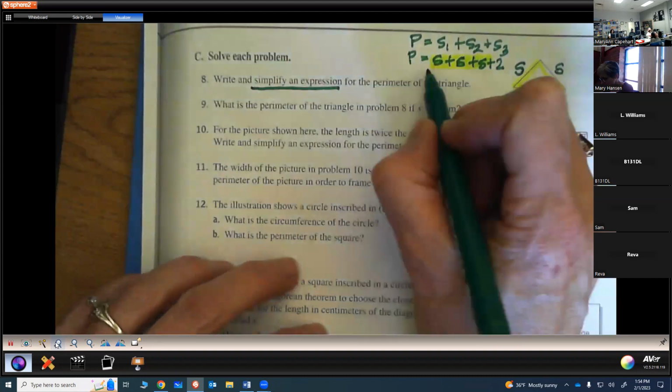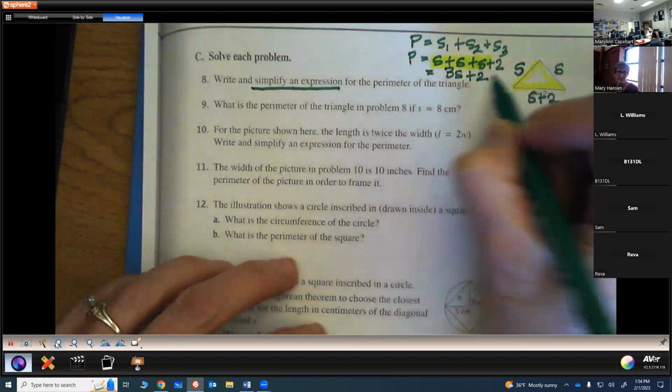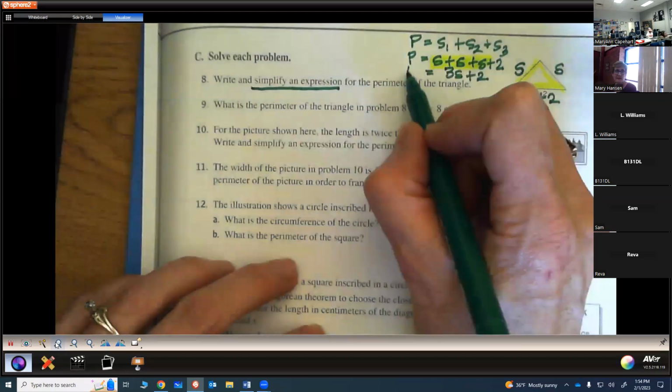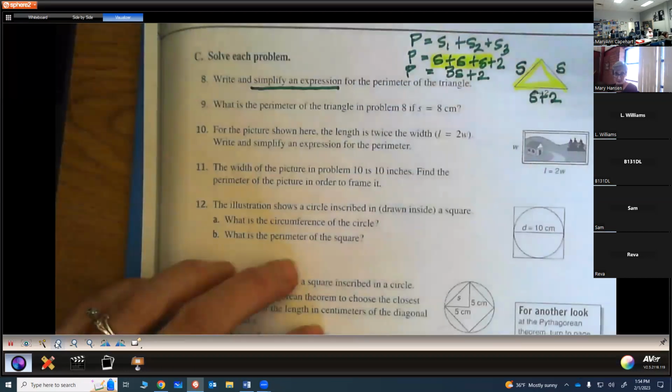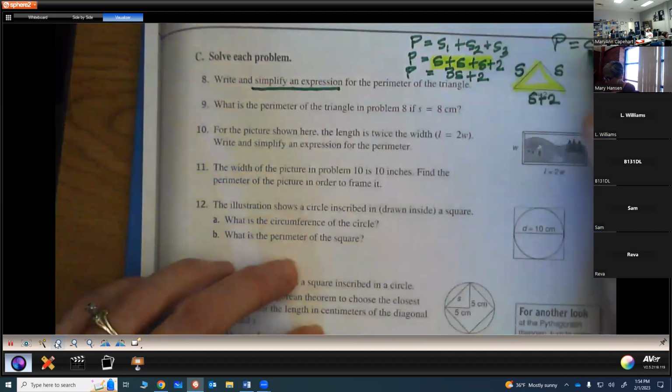And here I have 3 S's. Put P equals S times 3. Yep, that'll work. So if you put P equals S times 3, you still need the plus 2 on the end.